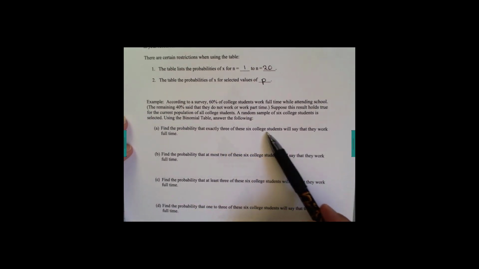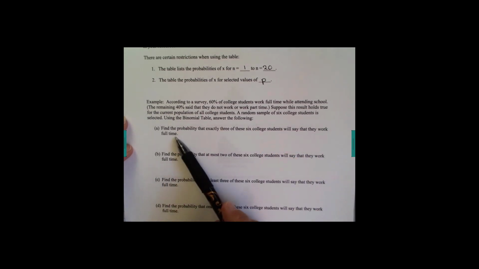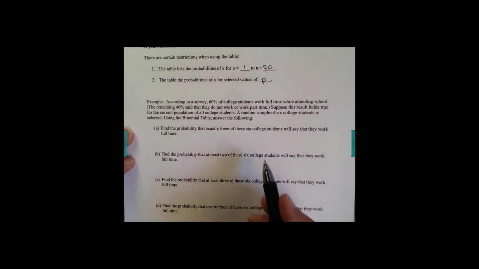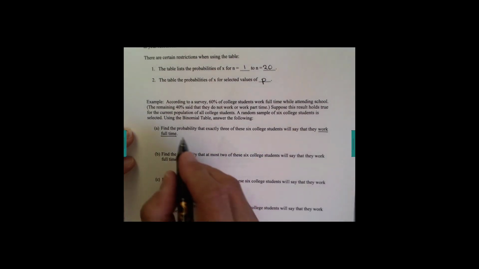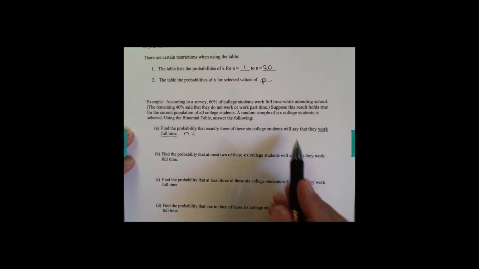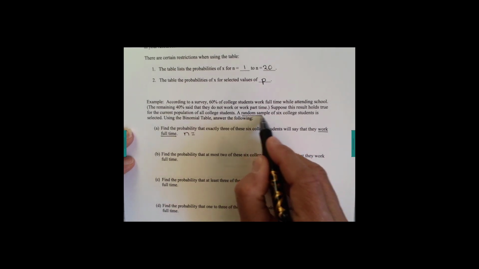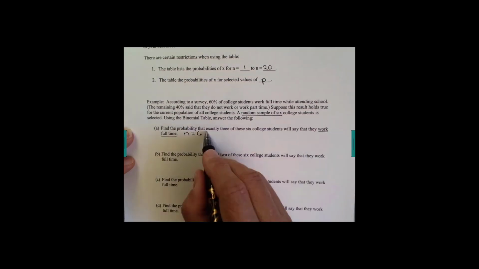Find the probability that exactly 3 of these 6 students will say they work full-time. Now, you still need to identify the pieces to the binomial. A success for this one is working full-time, and that's what they're asking about. And that's my success, so I need to make sure I identify that. And then I want n, and n is going to equal 6, out of a random sample of 6. So for all of these questions, n is 6. Then x is 3, that's the probability of exactly 3, so that's the x value I've been asked about.